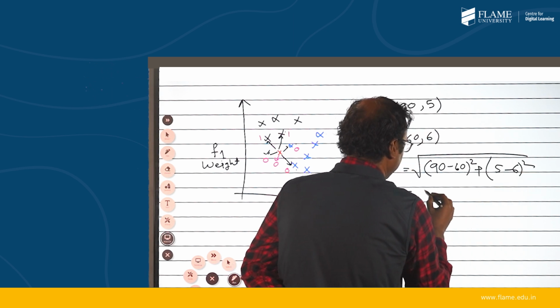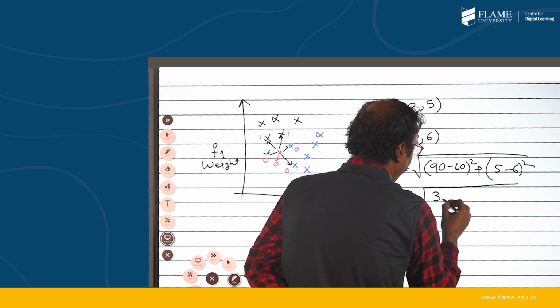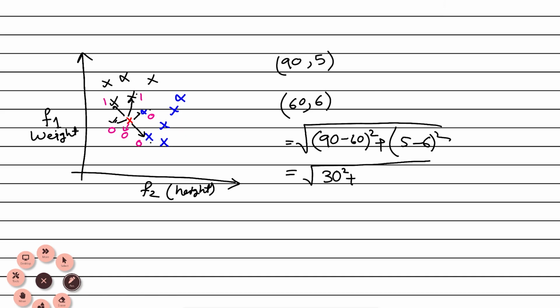So basically you have 30 squared plus 1 squared, which is 900 plus 1, so 901. So you can easily calculate the distance between 2 points.